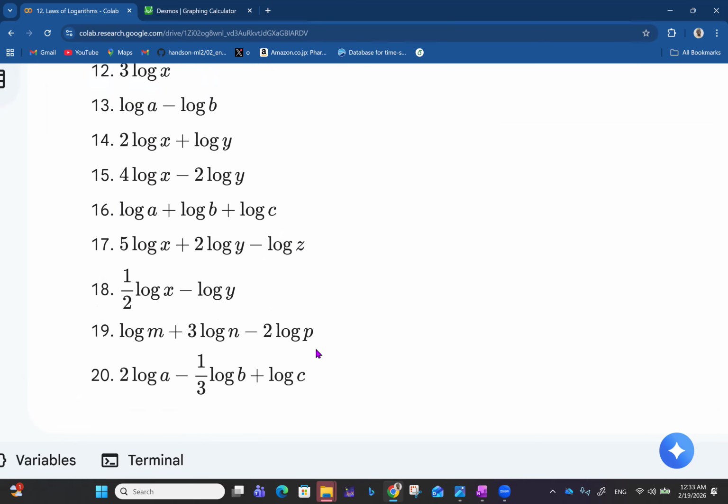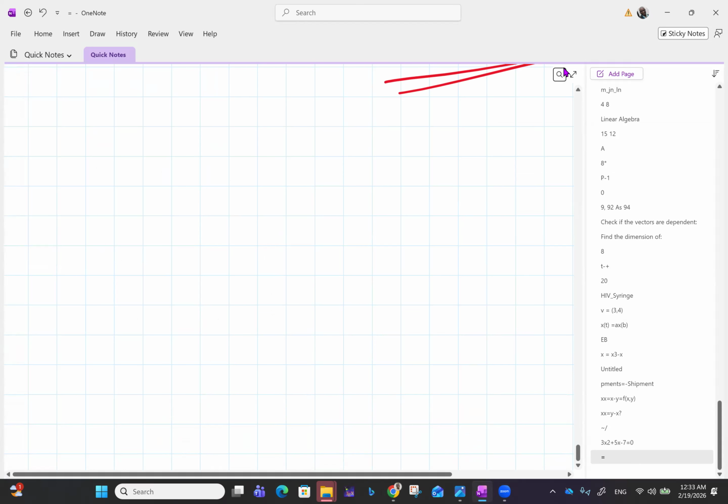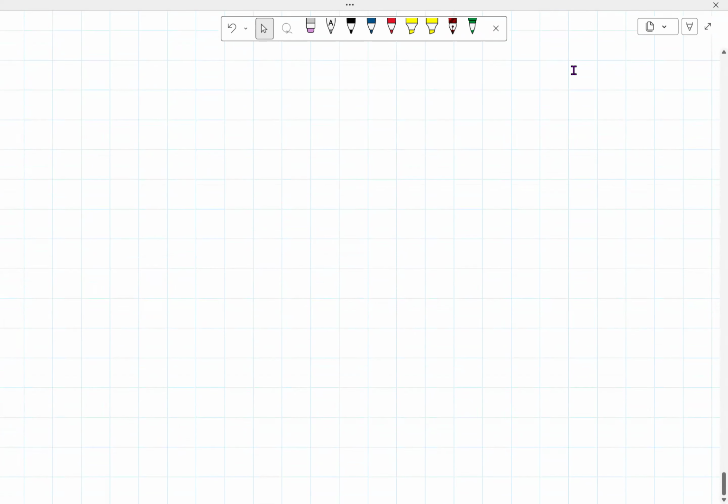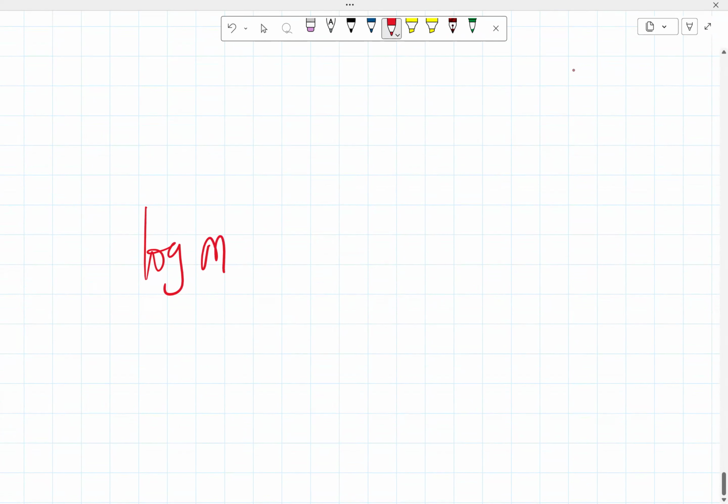So let me just take number 19. Log m plus 3 log n minus 2 log p.